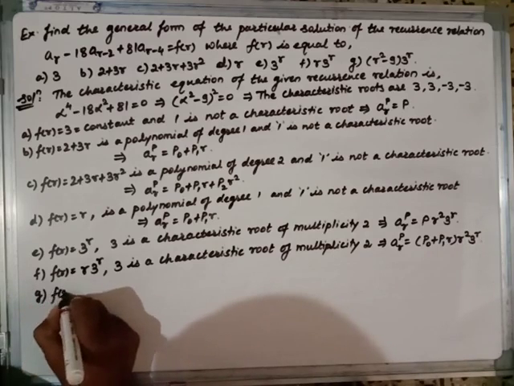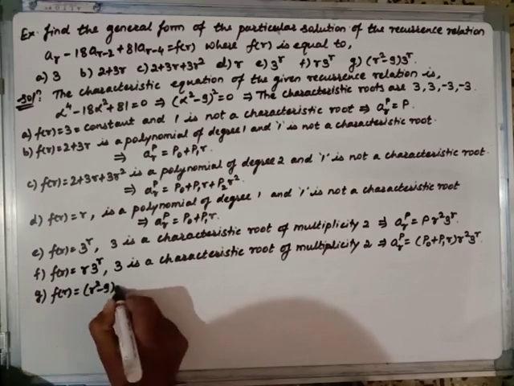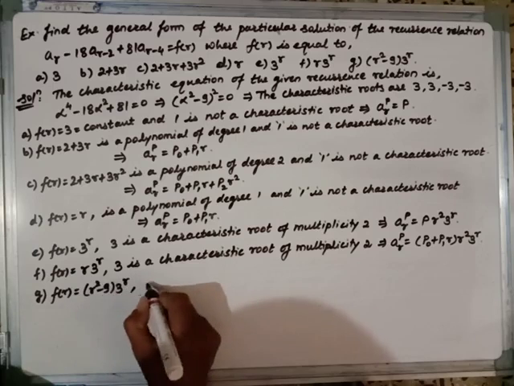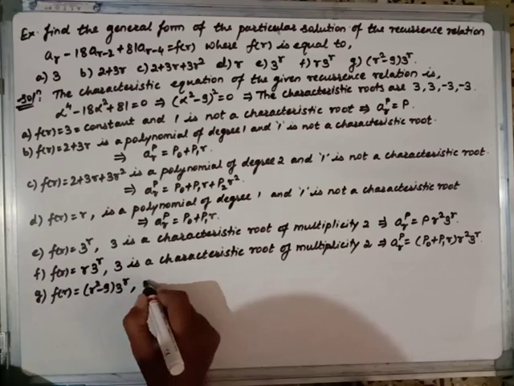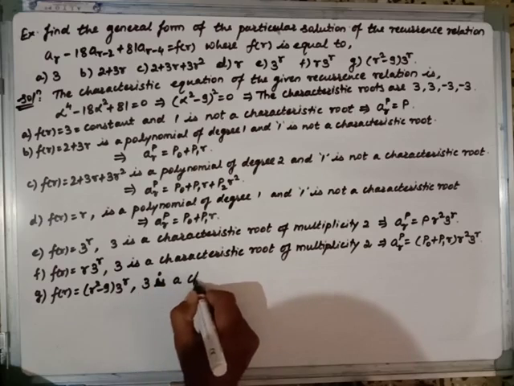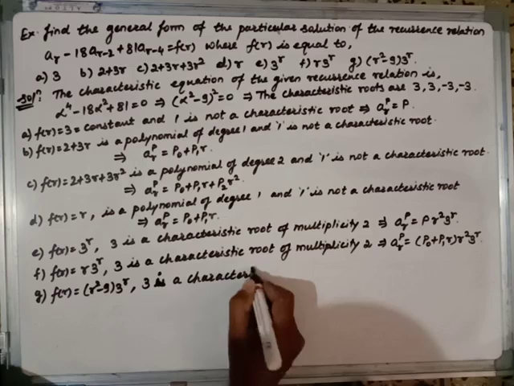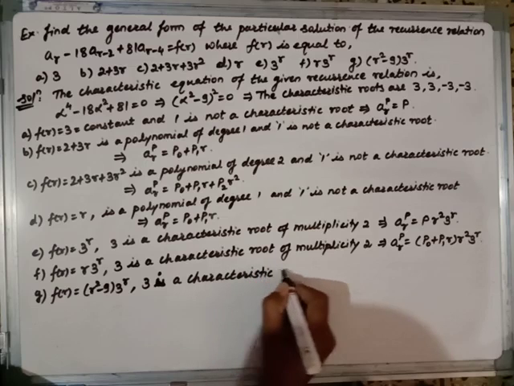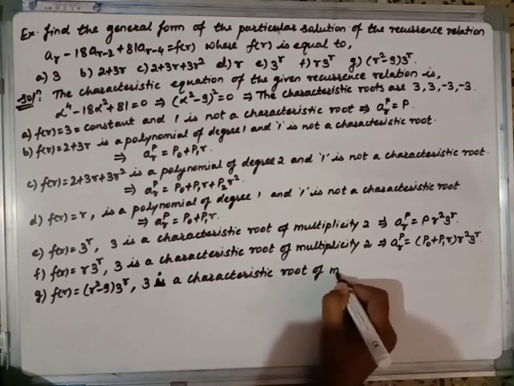f of r is r square minus 9 times 3 raised to r. Again, this is a quadratic polynomial into lambda raised to r, and this lambda, 3, is a characteristic root of multiplicity 2.